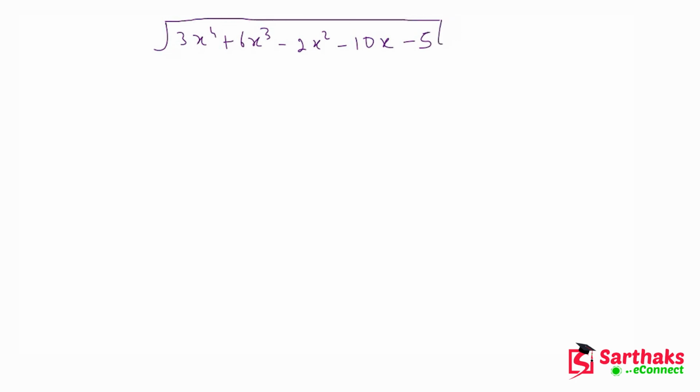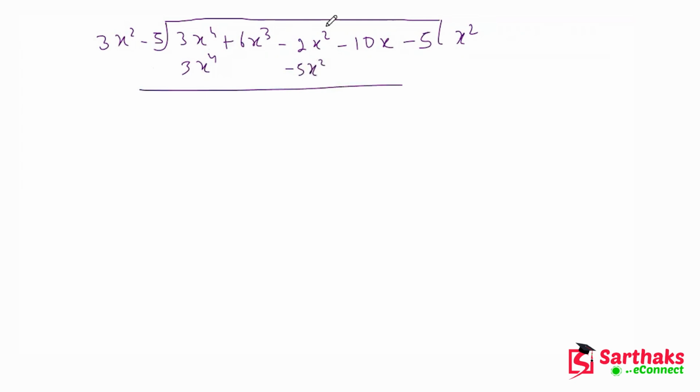Okay, and the divisor is 3x square minus 5. Okay, now we have to divide 3x raised to power 4 by 3x square, we get x square. And if we multiply x square by 3x square minus 5, we get 3x raised to power 4 and minus 5x square.